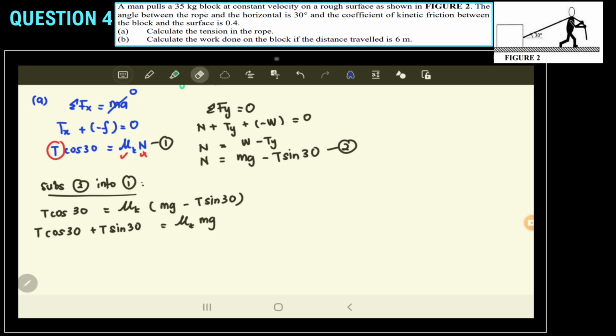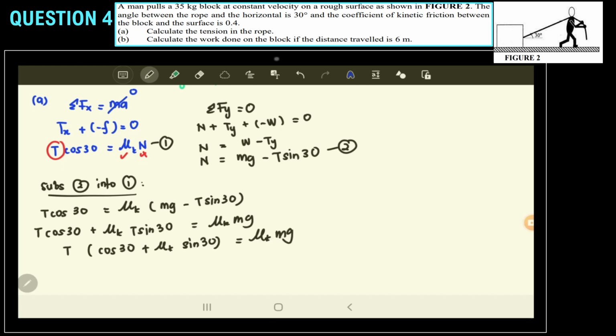Wait, I made a mistake writing this. It is equal to mu k T sin 30 equal to mu k mg. So I want to factorize T, so T times cos 30 plus mu k sin 30 equal to mu k mg.